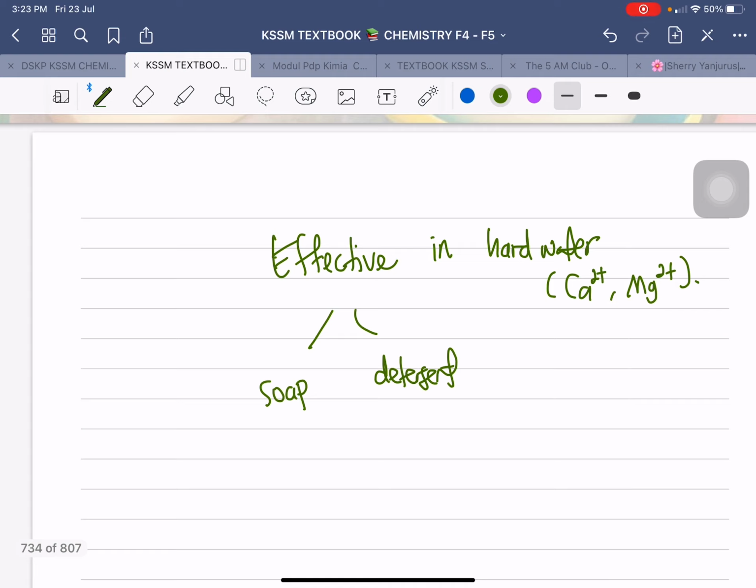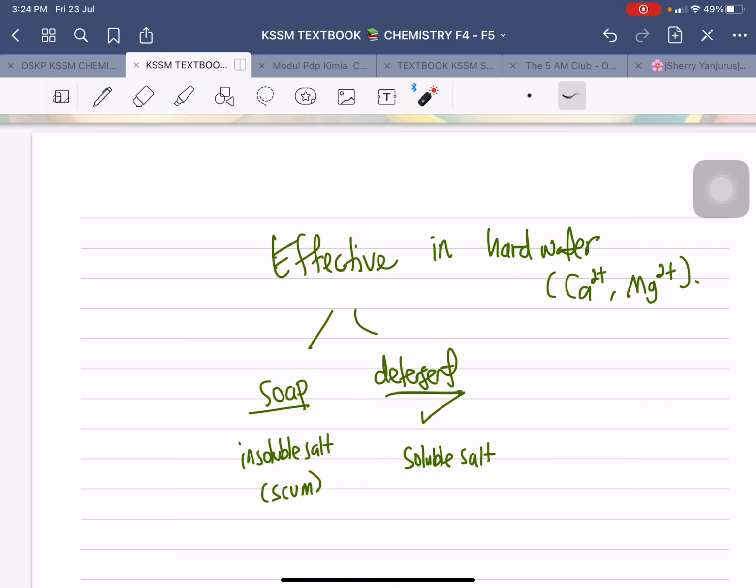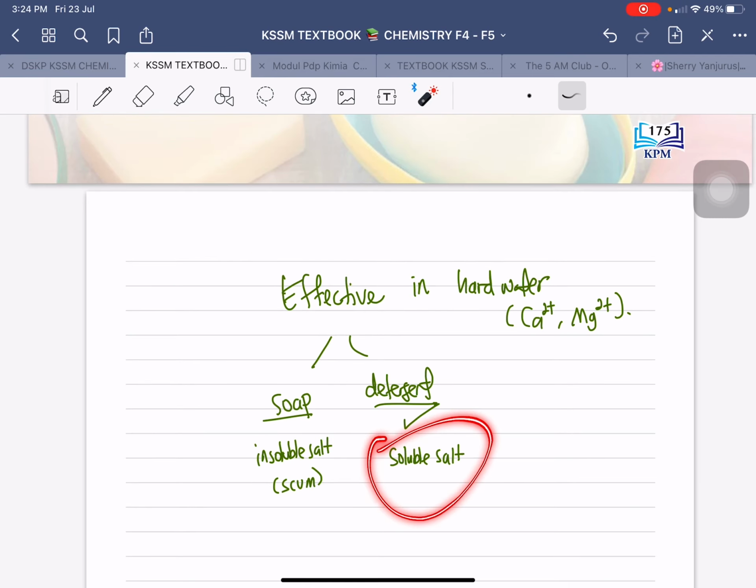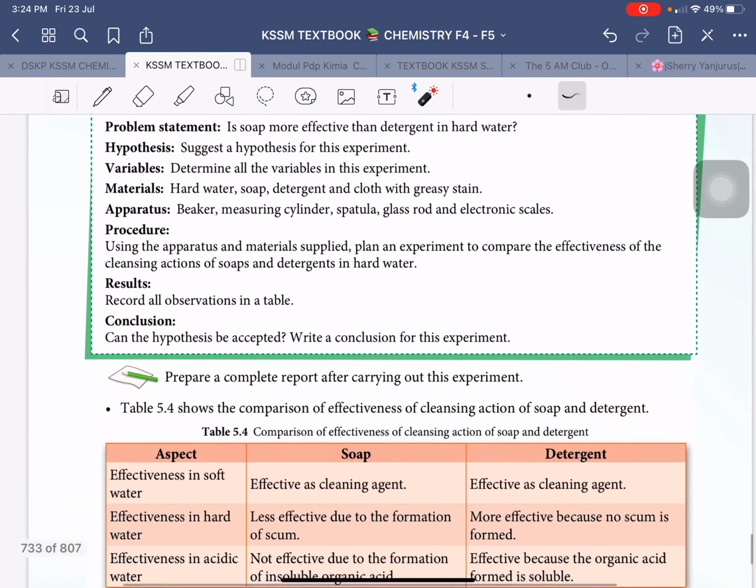So which one is more effective, soap or detergent? It's the detergent. Kenapa? Because detergent will combine with Ca2+ and Mg2+ to form soluble salt. Soap is going to form insoluble salt, which is called scum. Jadi pendek kata, soap is not effective in hard water, tapi detergent is effective because it's going to form soluble salt. Okay, so that's all.